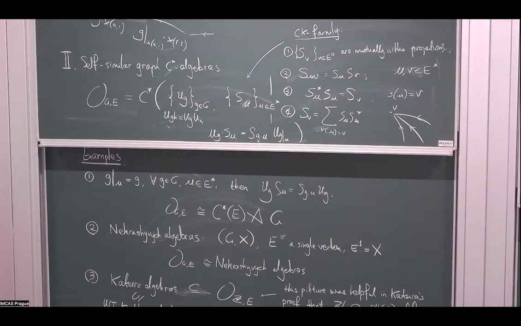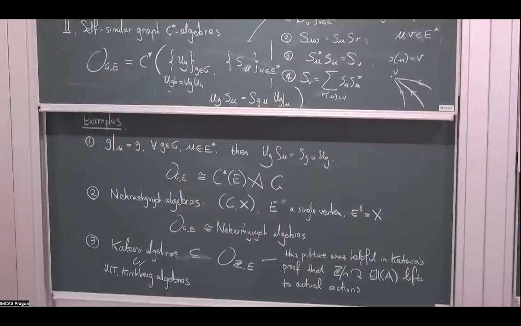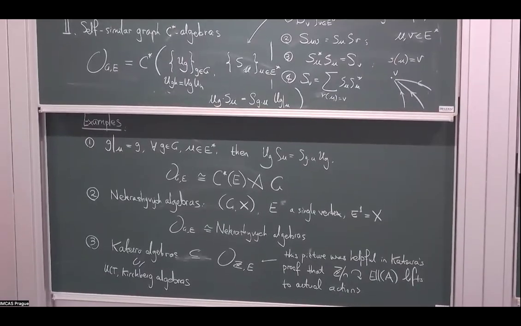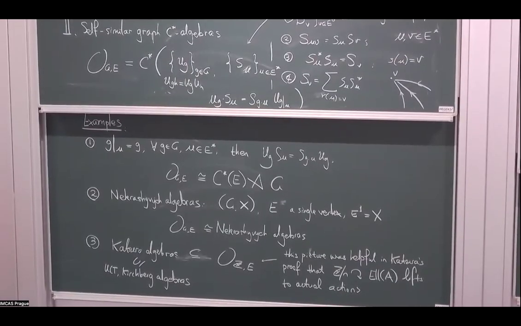Yes. If your graph has a cycle, or let's say a loop at a vertex, doesn't that mean you can have infinitely many finite paths? Yeah. What do you mean by infinitely many? Yeah, you surely have many finite paths. So I'm just looking at the sum in condition 4. Sorry. Yes.